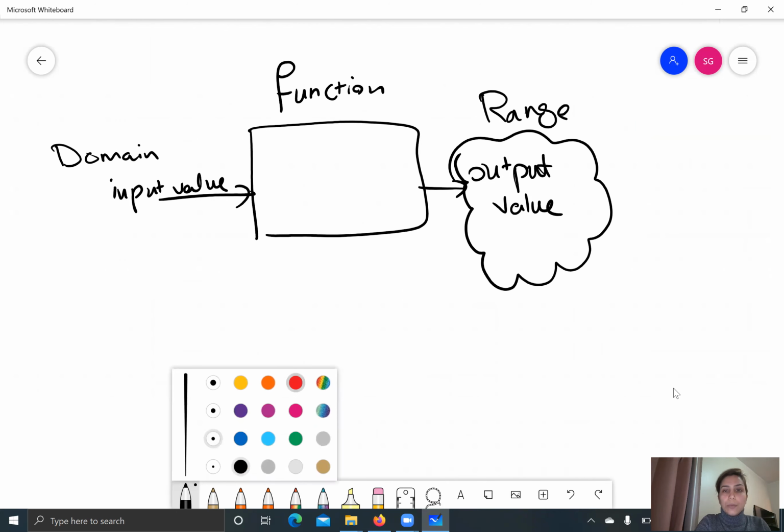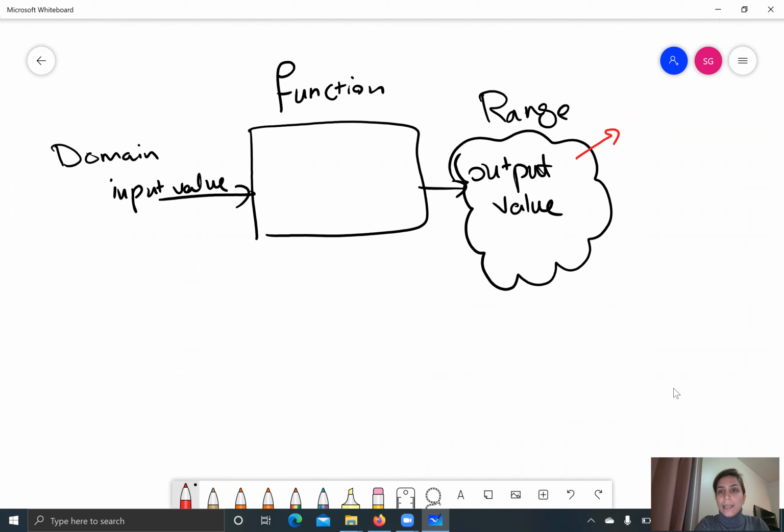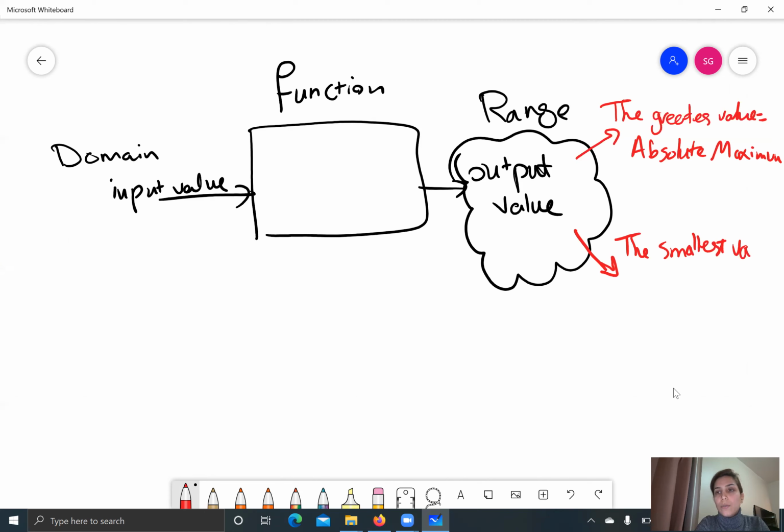The greatest value here is called the absolute maximum of the function, and the smallest value in the range is called the absolute minimum, which means that it is smaller than any other value in the range among output values.